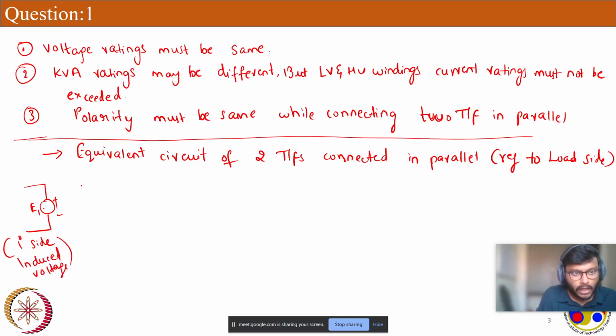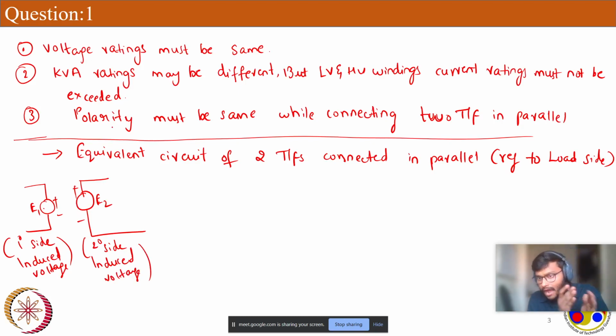induced voltage. Now when I have excited my primary with the supply rated voltage, and E1 is the voltage induced in my primary, then E2 will be the voltage which will be induced in the secondary. Okay, now this is E2, this is voltage.